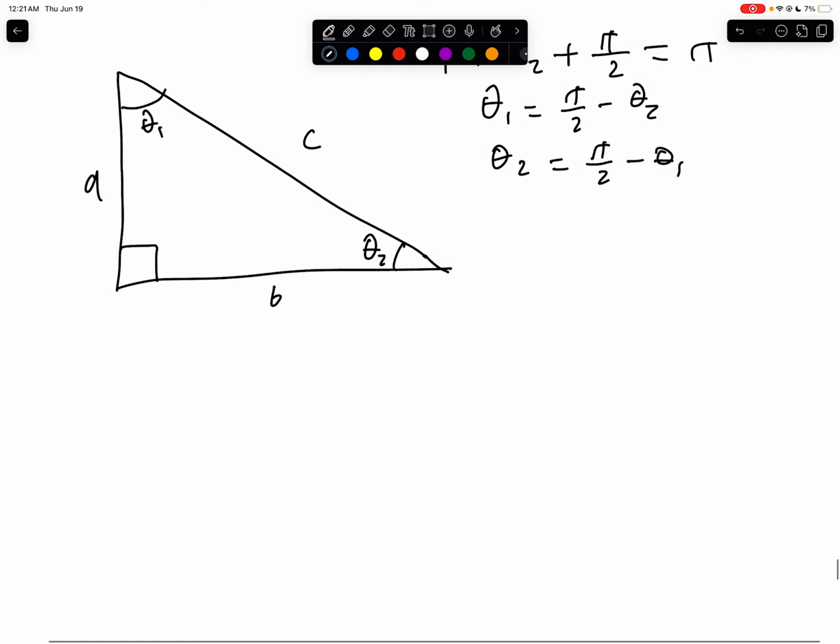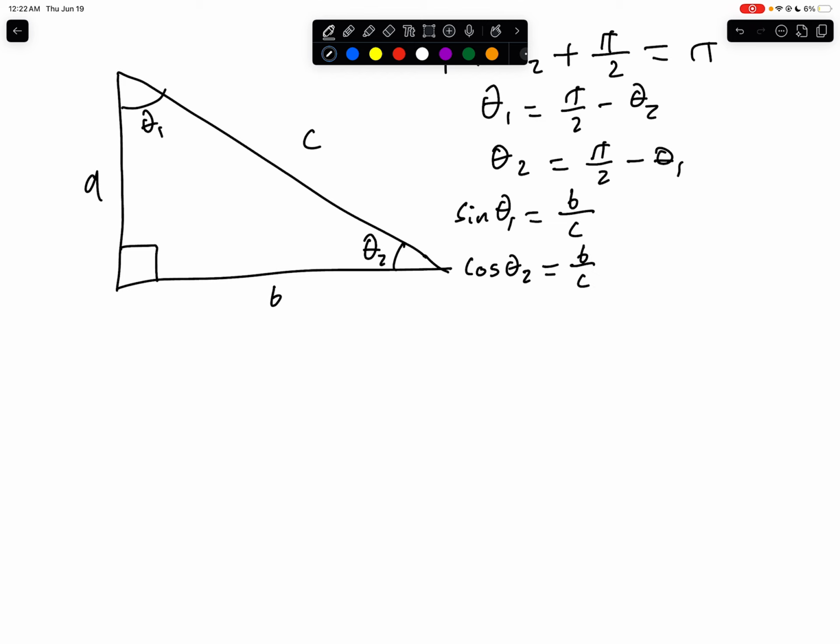So this will help us when deriving these co-function identities. Let's start off here. Let's use sine of theta 1 like I was doing before. Sine of theta 1 is opposite over hypotenuse, so b over c. I see here that cosine of theta 2 is also b over c. But remember that theta 2 is just pi over 2 minus theta 1.